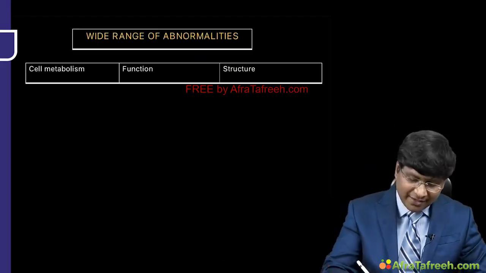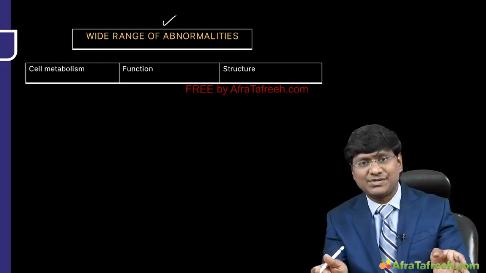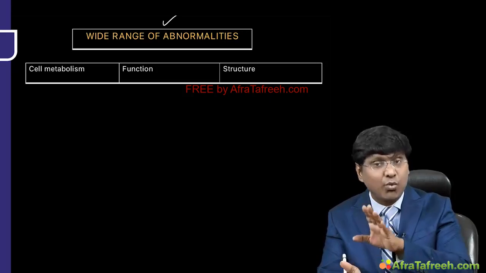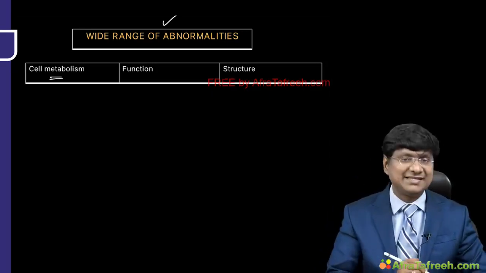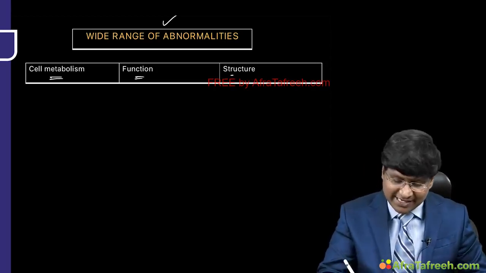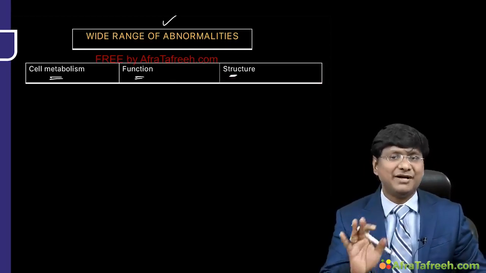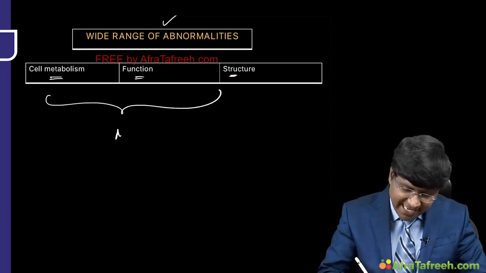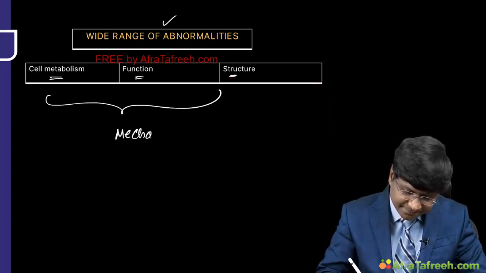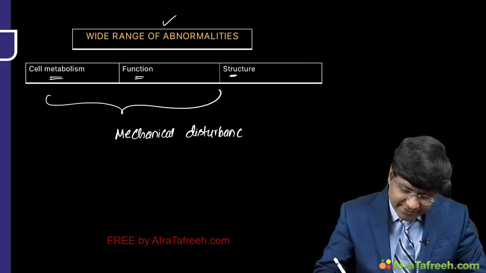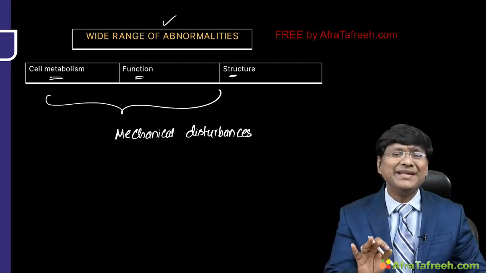Now, what will be the wide range of abnormalities whenever there is myocardial ischemia, necrosis and infarction? The wide range of abnormalities will be in the cell metabolism, in the functioning of the myocardium, and as well as the structure of the myocardium. Okay, so these are all the mechanical disturbances that can occur during ischemia.